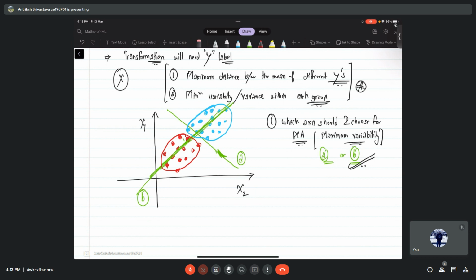So my second question is, now you tell me which axis I should project my data on for performing LDA. Is it either A or B?